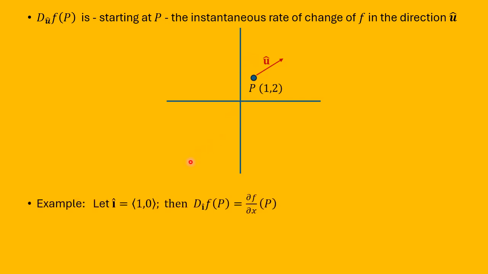So for example, if we let i be the vector going in the positive x direction, then that directional derivative in the direction i will just be the partial derivative of f with respect to x. If we let j be a unit vector in the positive y direction, then the directional derivative of f in that direction j will be the partial of our function f with respect to y.